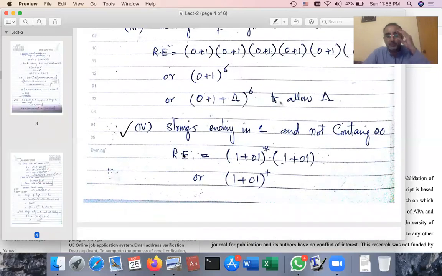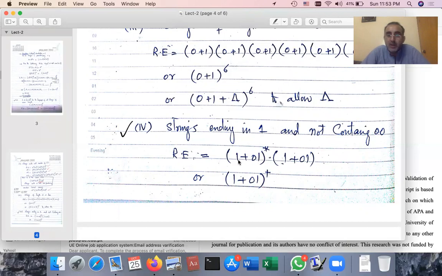The next example, strings ending in 1 and not containing 00, which means all possible strings which will end in 1 finally, but those strings will not contain this substring 00. Okay, so strings ending in 1, so I can write either 1 plus 01.